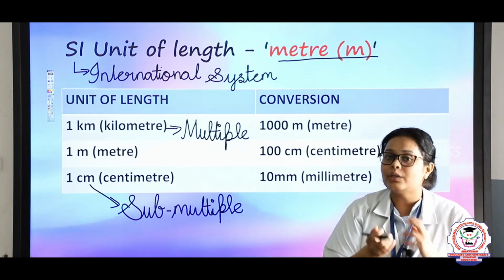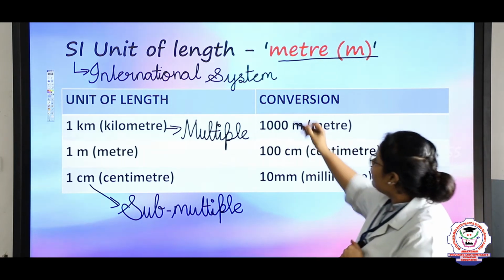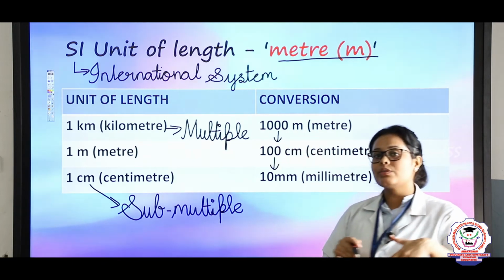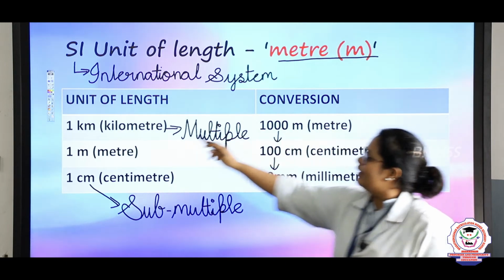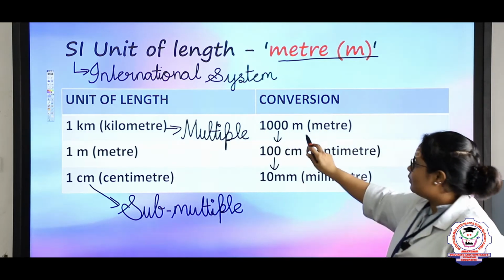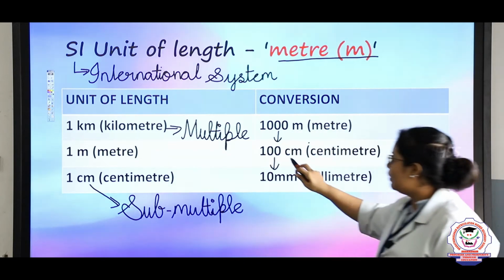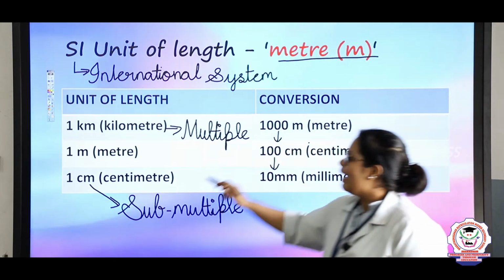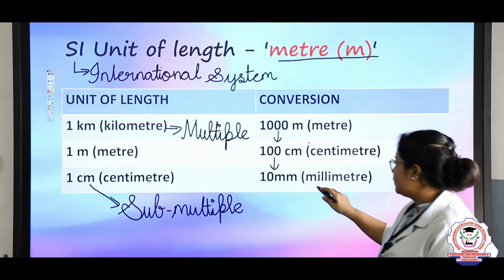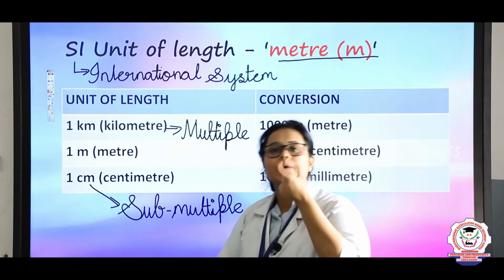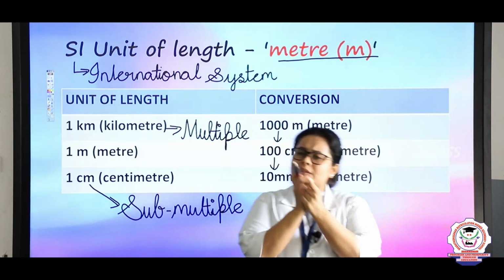There is one more trick to understand this: each time it reduces by a factor of 10. So 1 kilometer is always equal to 1000 meters. In the same way, 1 meter is equal to 100 centimeters, and 1 centimeter is equal to 10 millimeters. Millimeter is a very small unit used to measure very small particles.